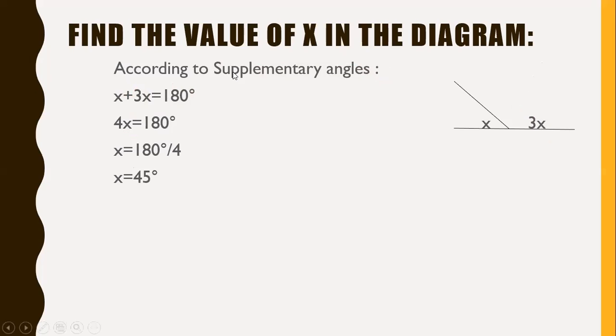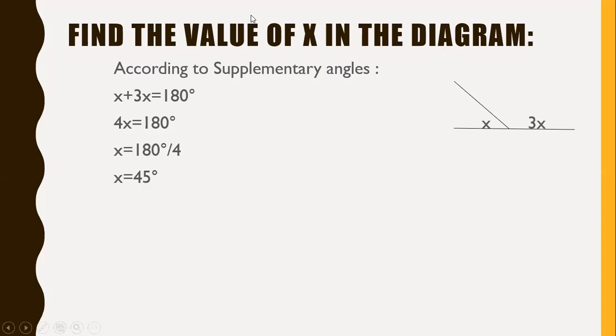Now for example, again, you have to find the value of x in the diagram. Students, first of all, before solving the question, you have to look at the diagram very carefully.